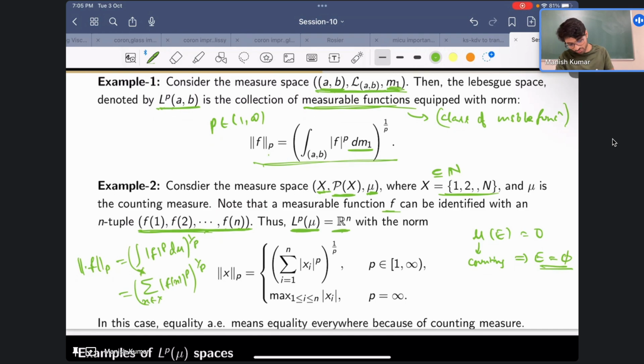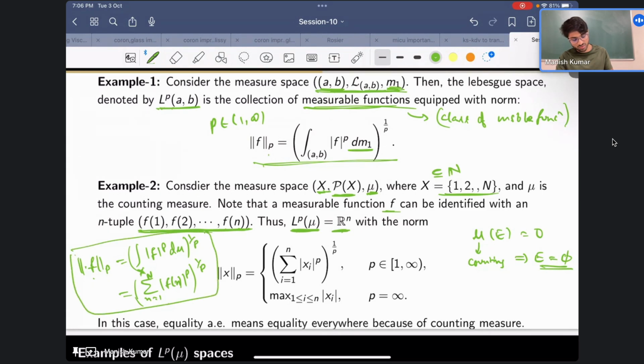So the norm of f is the summation over x in X of |f(x)|^p, whole raised to the power 1 by p. And here X is 1, 2, 3, 4, 5, 6 like that. So you can rewrite this as the sum of |f(n)|^p, where n is from 1 to capital N, whole raised to 1 by p. So this is the norm.